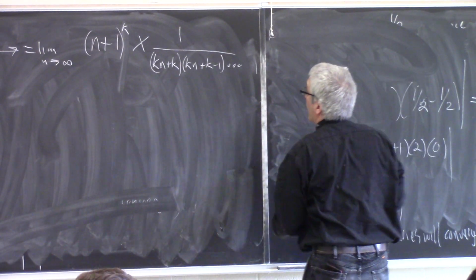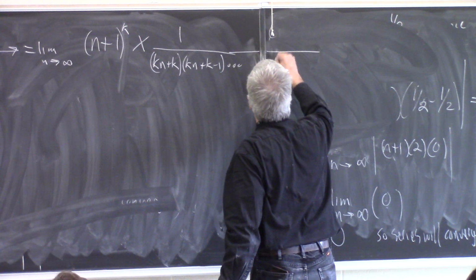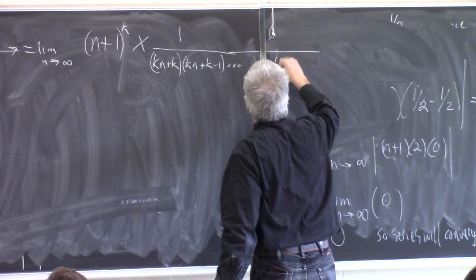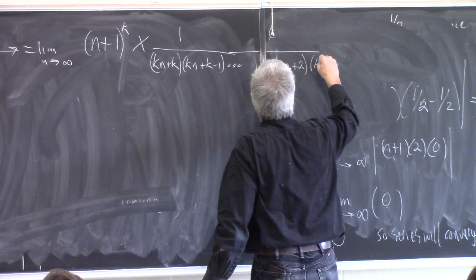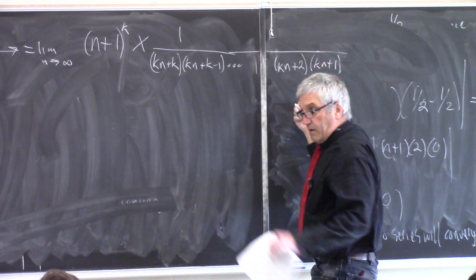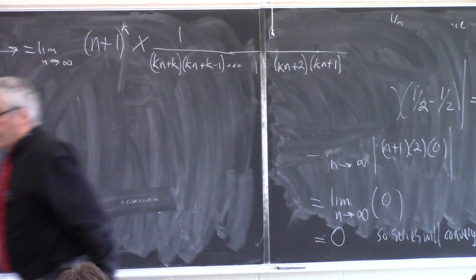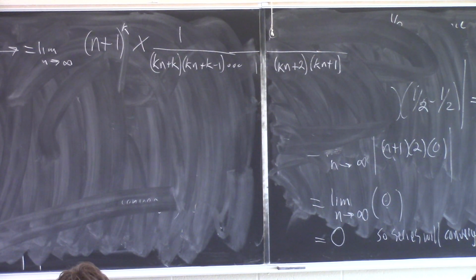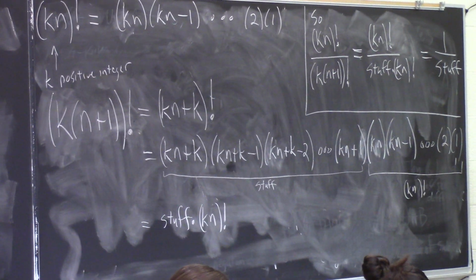This keeps going all the way down to kn plus 2, and then finally kn plus 1. That stuff, go over here to the sideboard, was this thing. So that's what's sitting there.